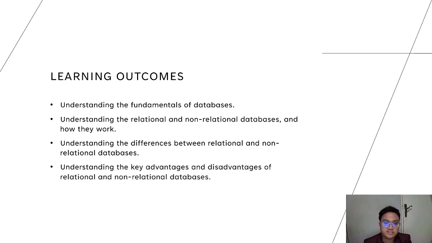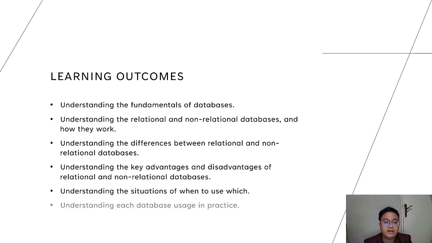The next one is to understand the key advantages and disadvantages of both. Then we'll know the situations of when to use which databases. And lastly, we'll look at each database's usage in practice, or in the applications that we often use daily.